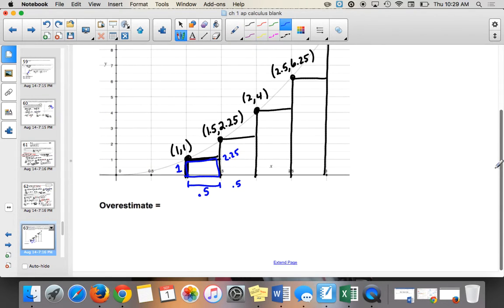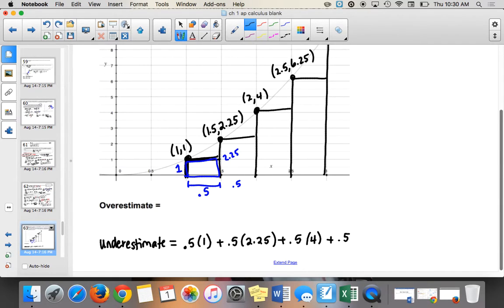So this is going to go under our underestimate. We have 0.5 times a height of 1, 0.5 times a height of 2.25, 0.5 times a height of 4, and 0.5 times a height of 6.25.